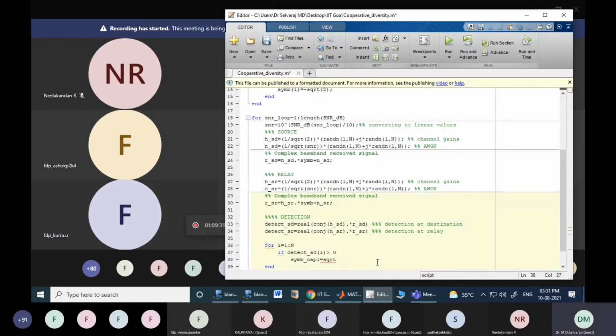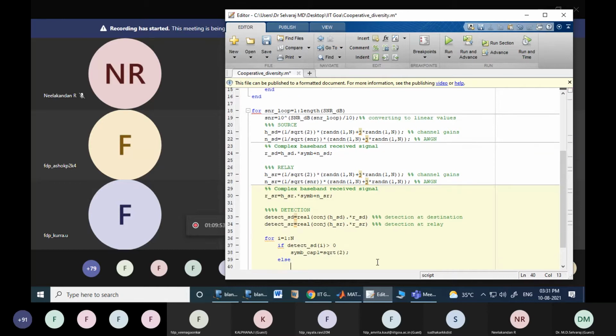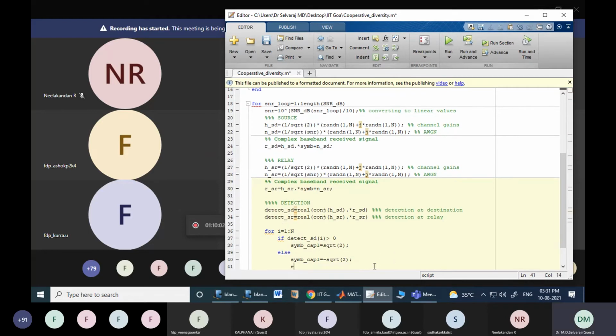So plus square root of 2. Else, if it is not there, then I have to put minus square root of 2.